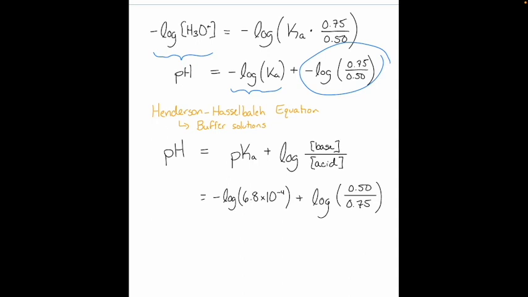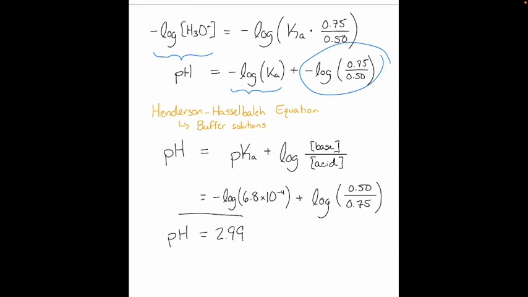All right, so negative log. So I punch that into my calculator. I get 2.99.